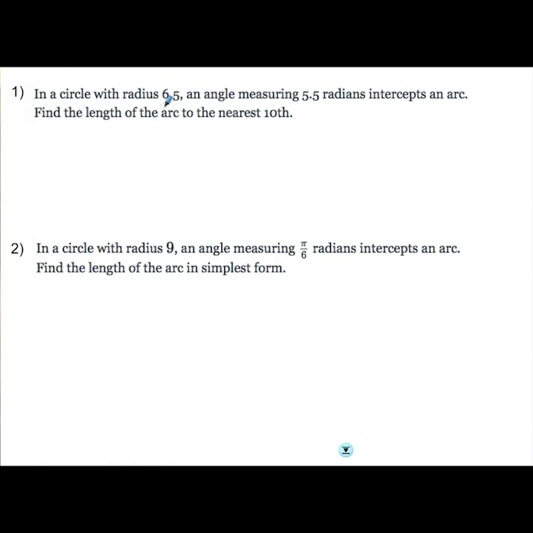In a circle with a radius 6.5, an angle measure of 5.5 radians, find the length of the arc to the nearest tenth. You know me, I like to sketch a picture. I'm going to put my radius here, 6.5, and then think about this rotation from here to here of 5.5 radians.